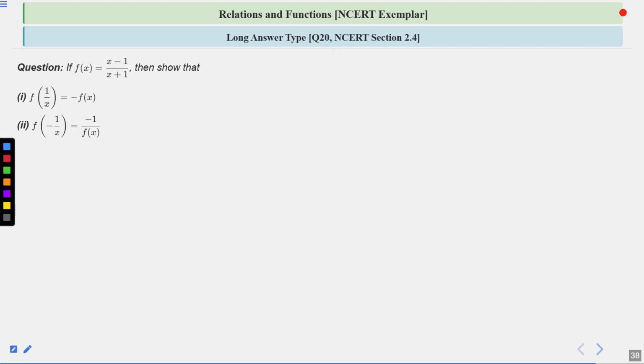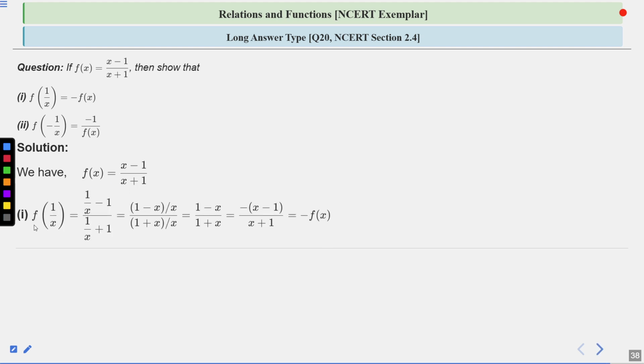So quite simple. f(x) is already given to us, x minus 1 divided by x plus 1. What we have to show? First, f(1/x) is minus f(x), and f(minus 1/x) is minus of 1 by f(x). Solution. We have f(x) as x minus 1 by x plus 1. So for first, f(1/x): for each input x, the output is x minus 1 divided by x plus 1.